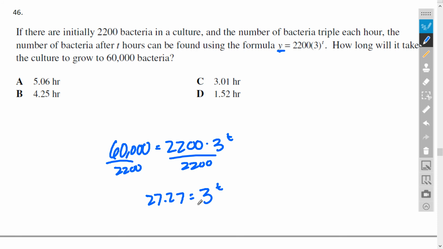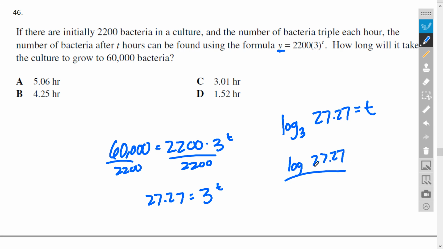And then I need to change this to log form to do this. So I have log base 3 of 27.27 is equal to t. Okay, so I can calculate this using the change of base formula. Common log of 27.27 over common log of 3, and that will give me the time.